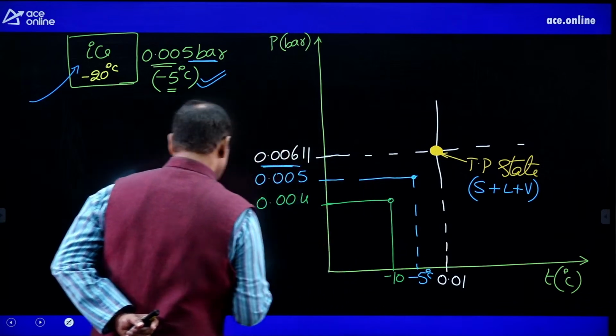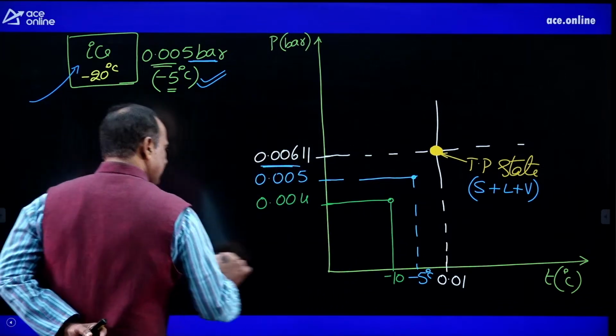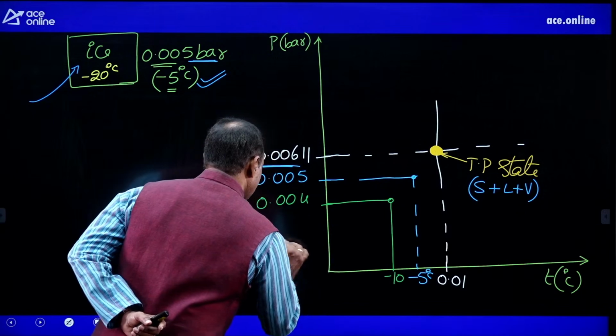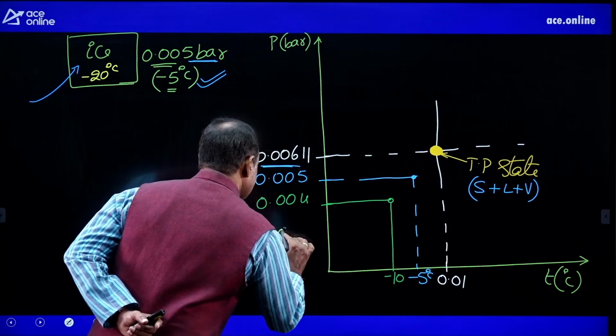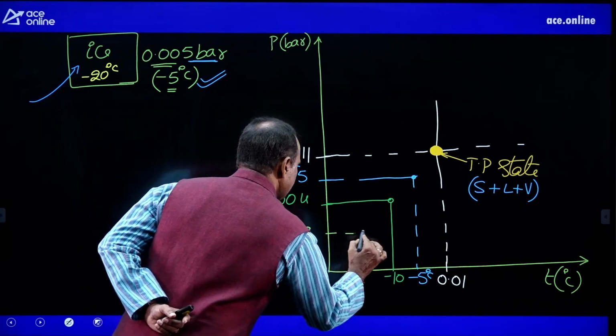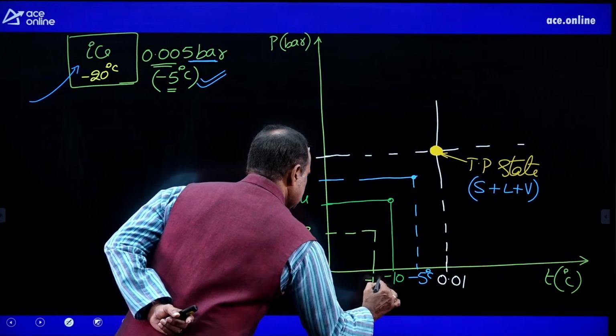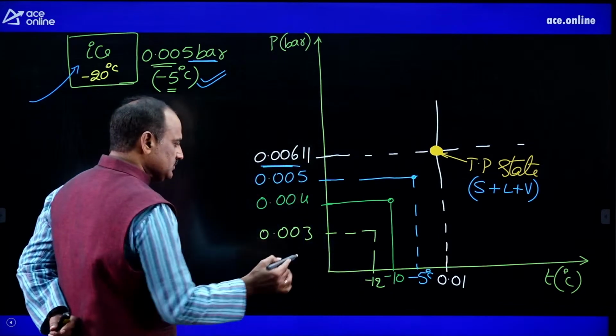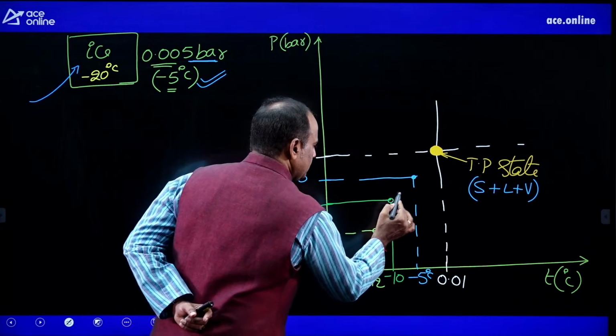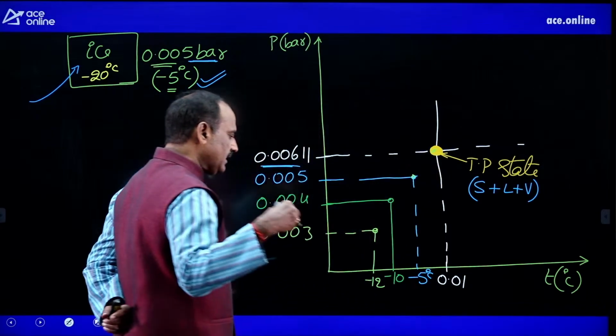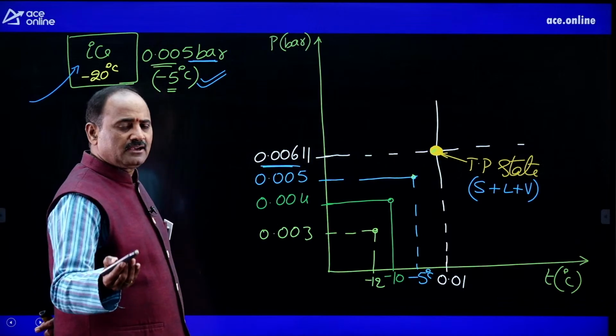Similarly, corresponding to 0.003 bar, the saturation temperature may be minus 12 degrees centigrade. These are all the saturation states for the direct phase change from solid to vapor, called sublimation.